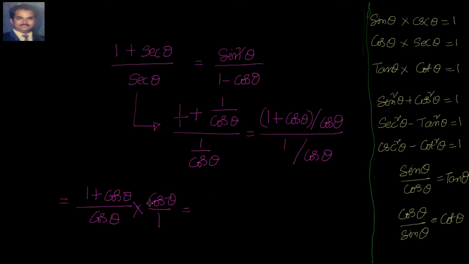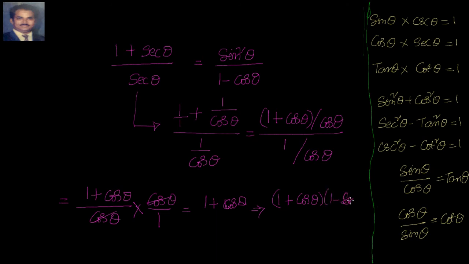Cos theta cancels and it becomes 1 plus cos theta. Now you see, my answer is not that. I see something like 1 minus cos theta at the bottom. So I will multiply both numerator and denominator with that, in the hope that I will reach some value at the top.